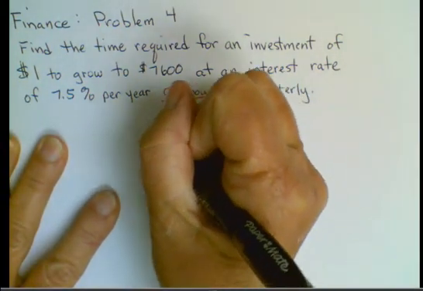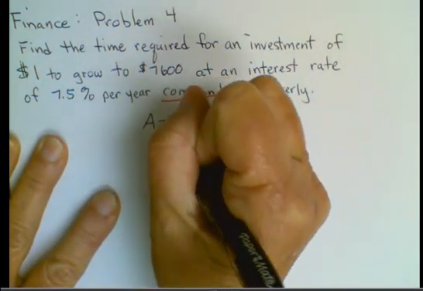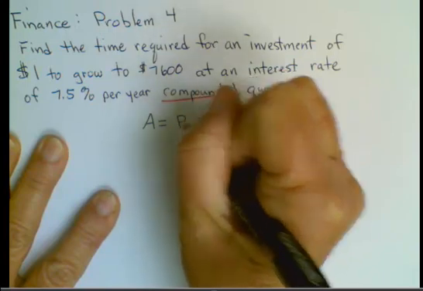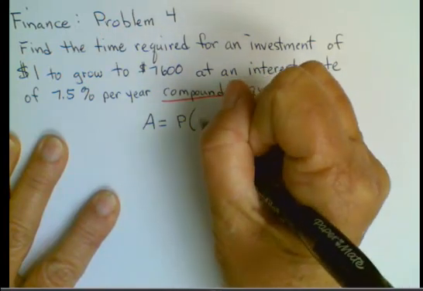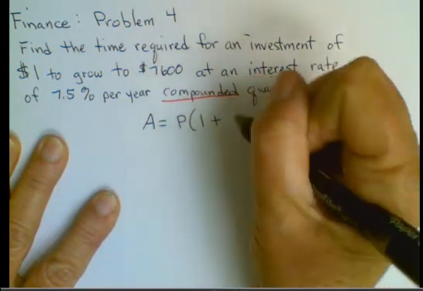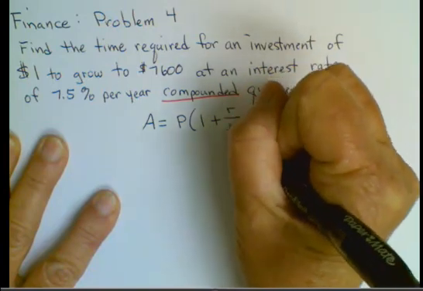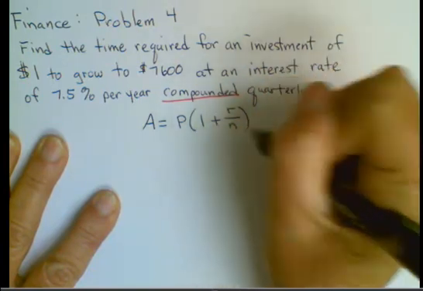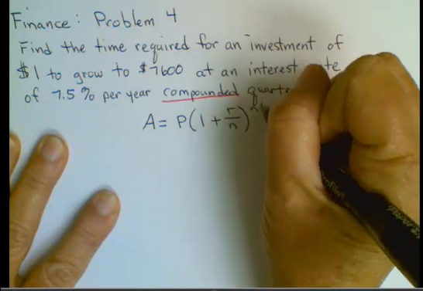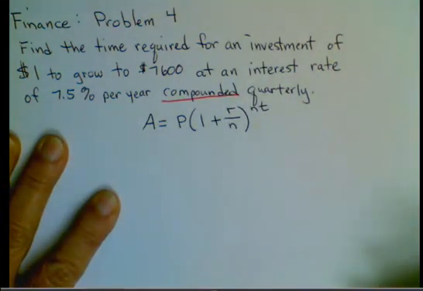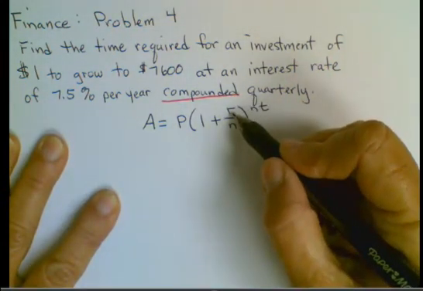So our formula for compound interest is A equals P times parentheses 1 plus R over N, and this is all to the N times T. Your R is your rate, it goes in as a decimal.